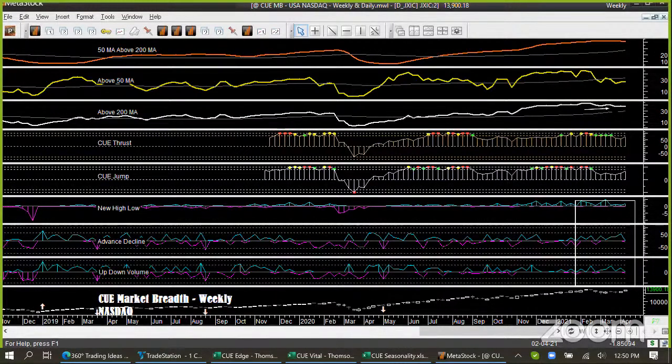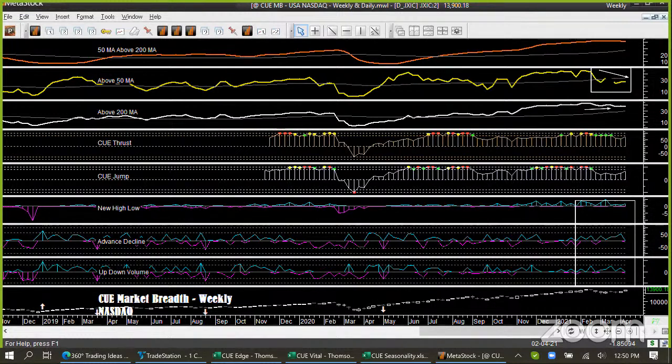The moving average above 200 MA is also bullish. However, moving average above 50 MA is bearish. This is the only difference in Nasdaq compared to the other four major indices and compared to NYSE as a whole. So Nasdaq as a whole is slightly more weak than other aspects of the market.